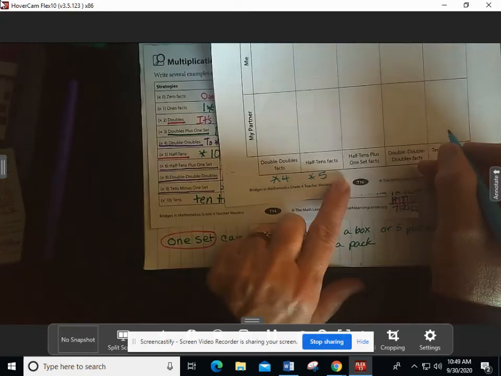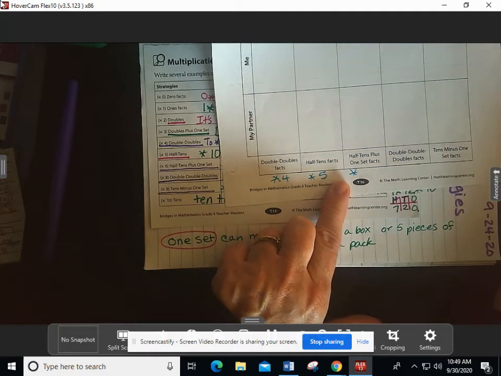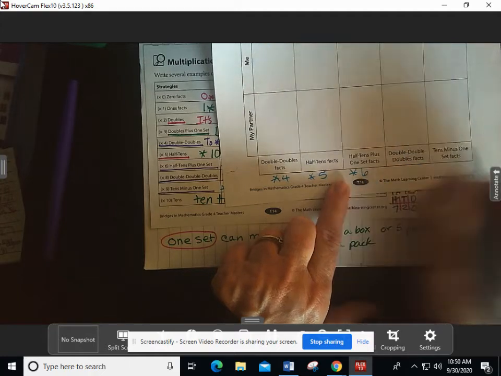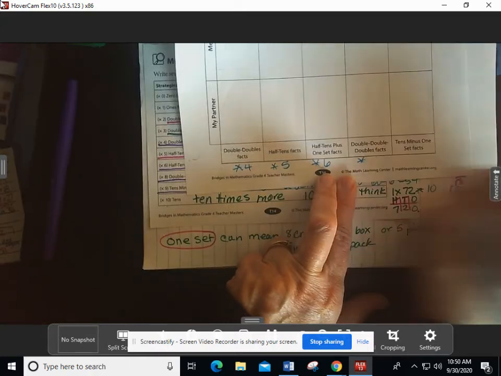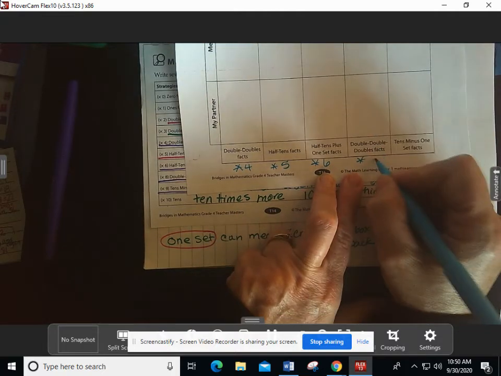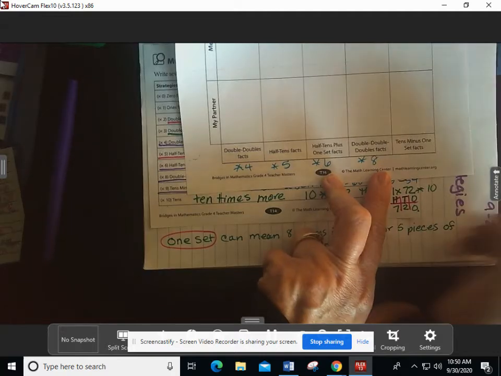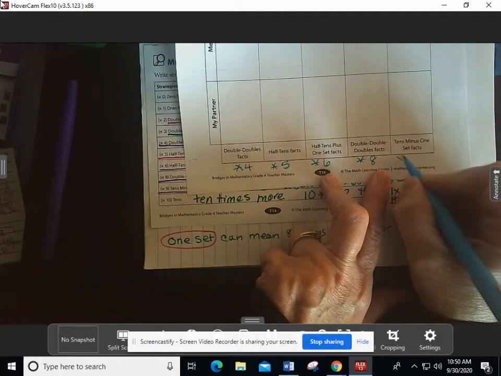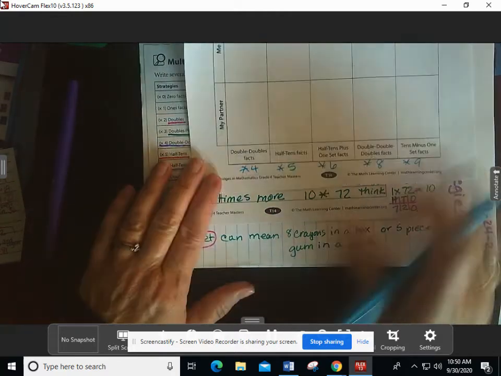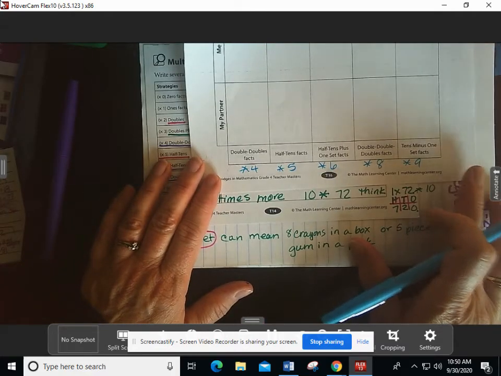What's a half a 10 plus 1? What's half of 10? 5 plus 1 set is 6. Double, double, double. 8. A tens minus a 1 set. 9. So basically, they're just letting you know what the names of those kinds of strategies are, whether you use them or not.